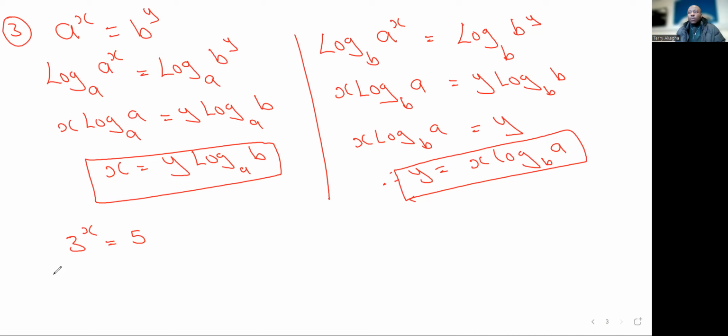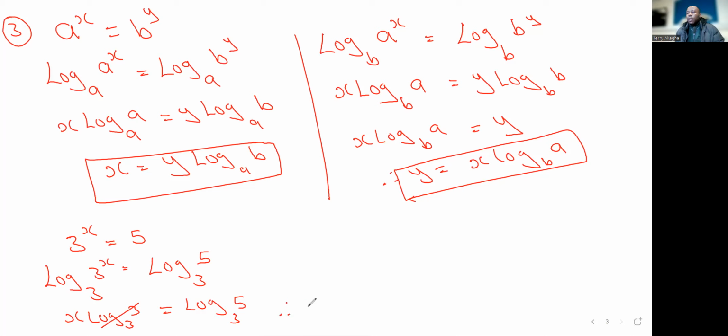What you then do, you take log to base 3 of both sides. You bring down the x, so it will be x log 3 is equal to log 5 to base 3. Log 3 to base 3 is equal to 1. So therefore, x is going to give you log 5 to base 3.